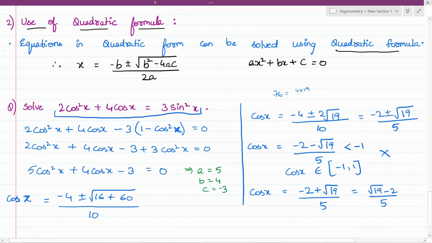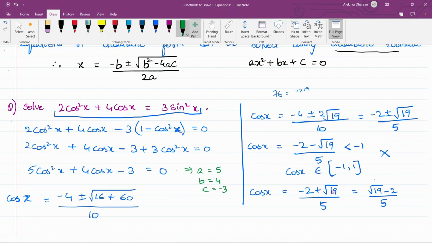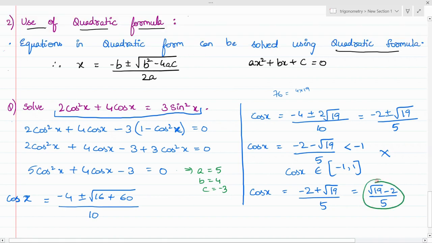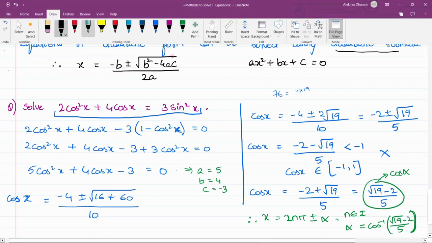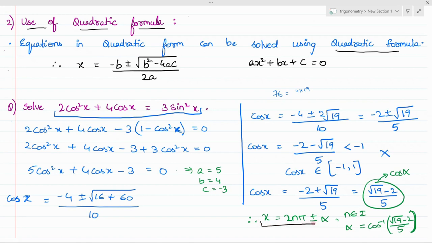If we assume this whole thing as cos alpha, then the solution can be written as x is equal to 2n pi plus or minus alpha, and here n belongs to all the integers, but alpha is nothing but cos inverse of under root 19 minus 2 by 5 from here, right? So this is the required general solution for the given equation.